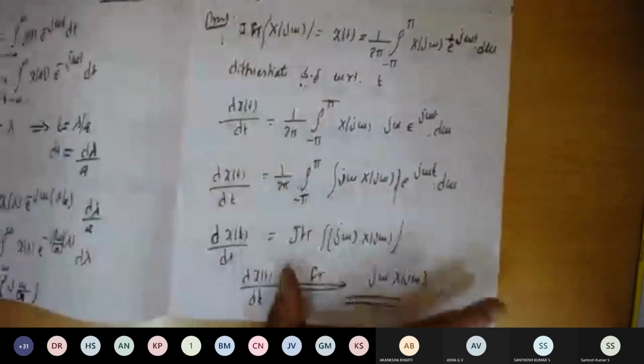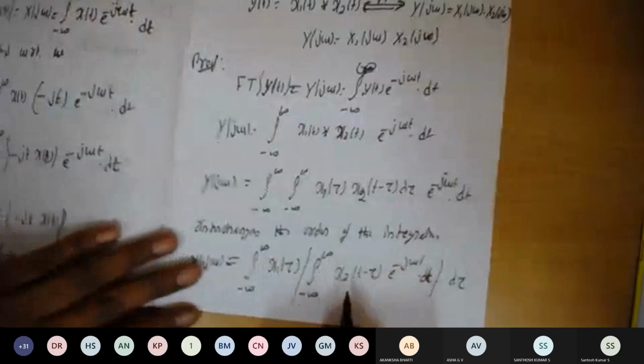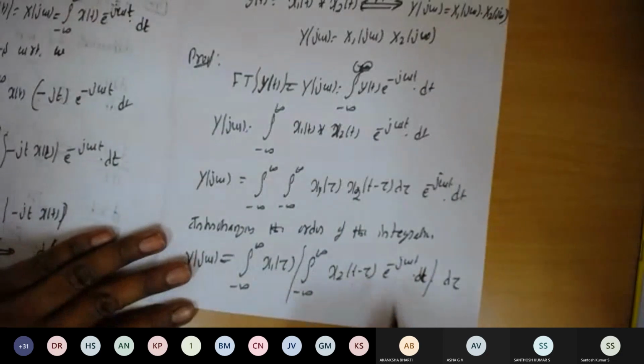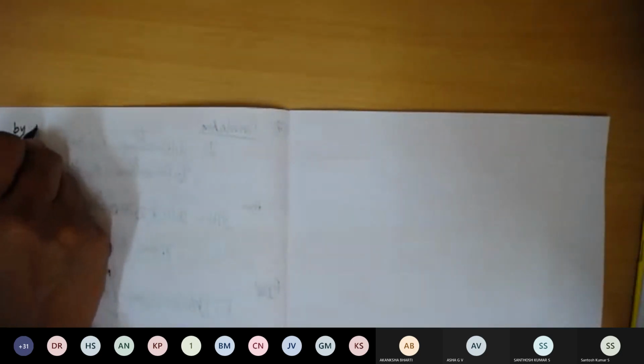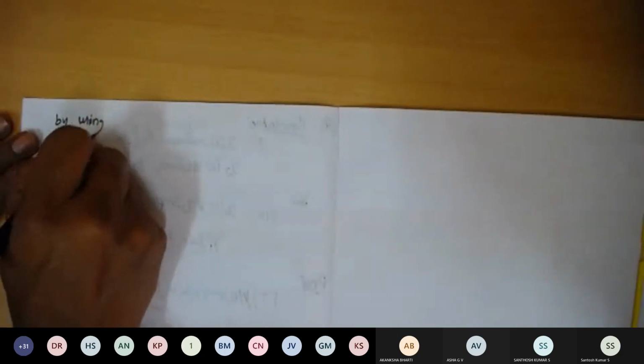In the same way, we can write the corresponding Fourier transform for this shift by using the time shift property.